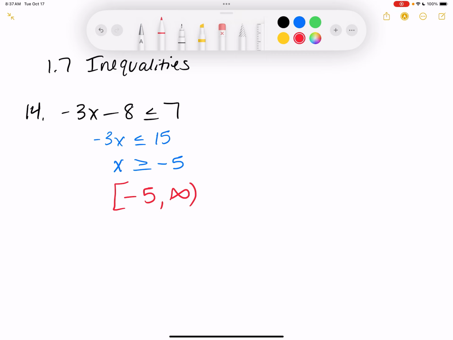20. 2 minus 4x plus 5 times x minus 1 is less than negative 6 times x minus 2.